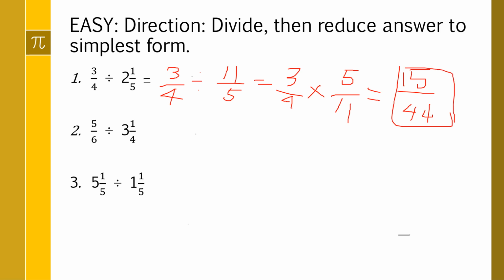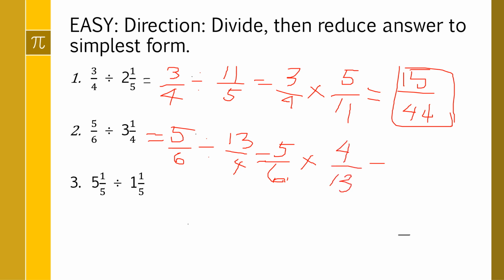Next, we have 5/6. Copy first, so 5/6. Then transform the mixed number into an improper fraction. 4 times 3 is 12 plus 1, 13 over 4. Then we have 5/6 times 4 over 13.